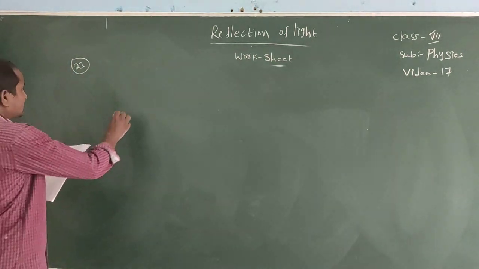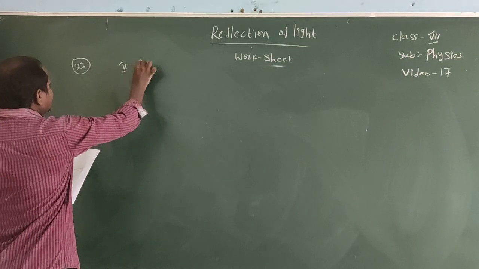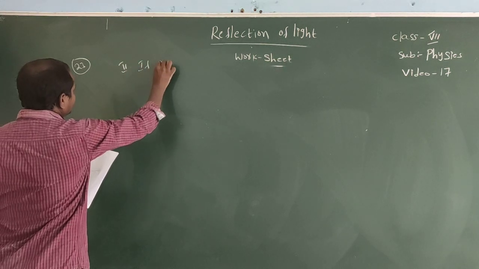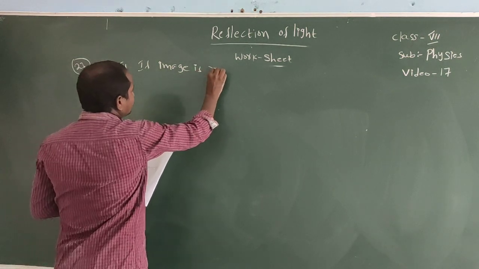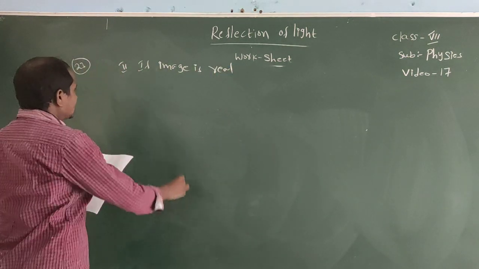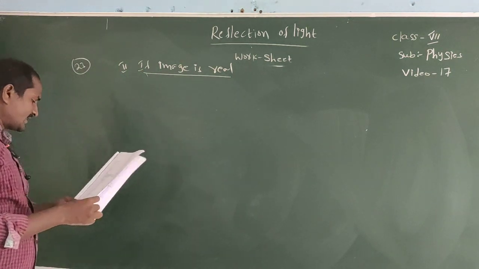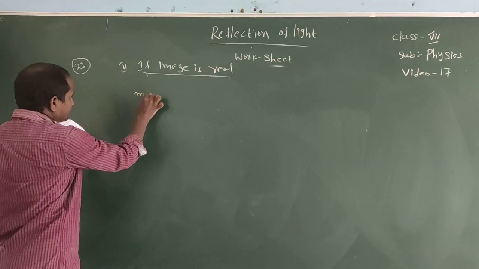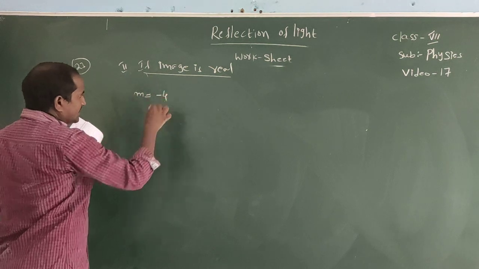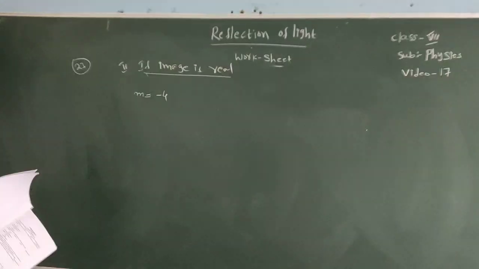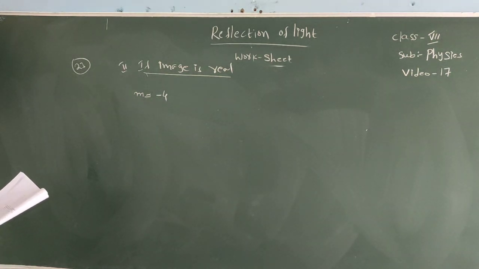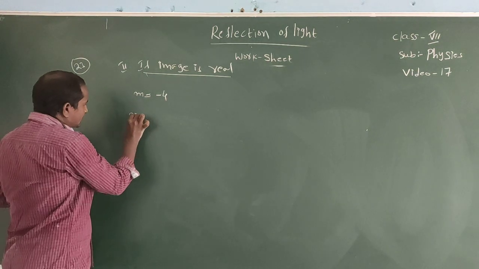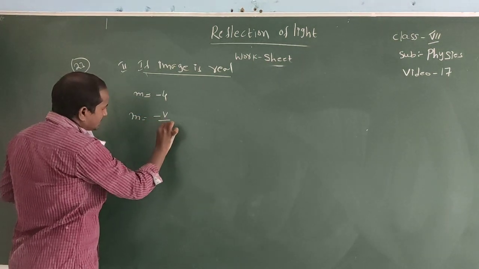Case 2: if the image is real, therefore m equals here minus 4. So here we know that m equals minus v by u.